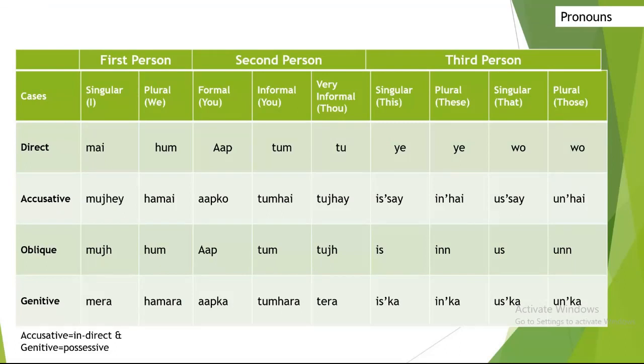Let's take another example of accusative. I am feeling hot, or I am hot. First person singular, मुझे गर्मी लग रही है. And first person plural, हमें गर्मी लग रही है.